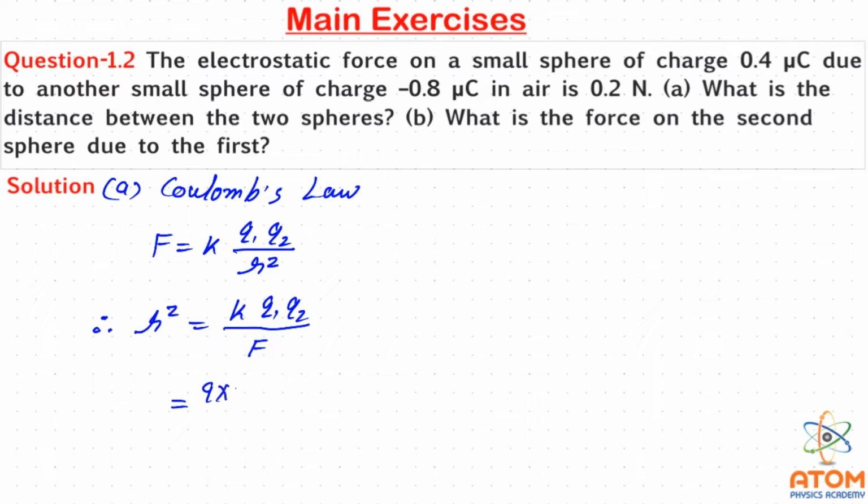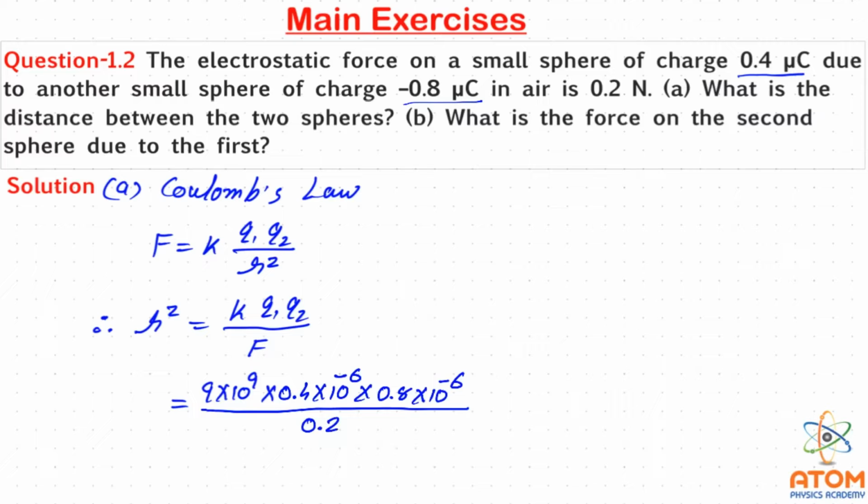K is 9 into 10 raised to 9 multiplied by q1, which is 0.4 microcoulomb, so it is 0.4 multiplied by 10 raised to minus 6, and q2 is 0.8 microcoulomb, so it is 0.8 into 10 raised to minus 6. Here this equation is in magnitude form, that's why we need not put any minus sign there, and the force is 0.2 Newton.